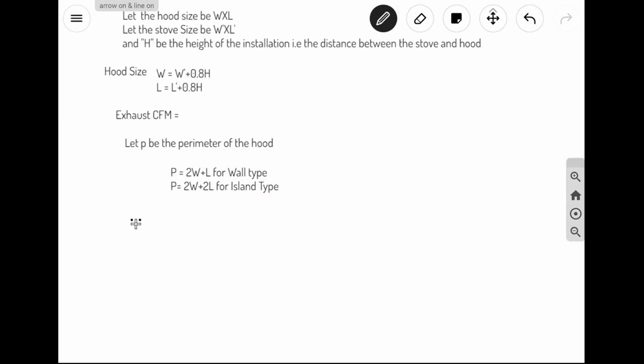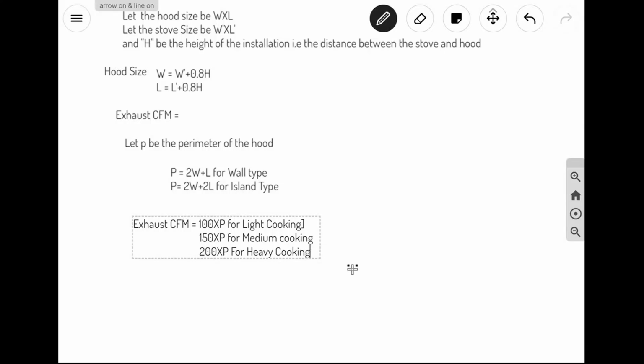Now exhaust CFM equals 100 into P for light cooking, 150 into P for medium cooking, and 200 into P for heavy cooking.